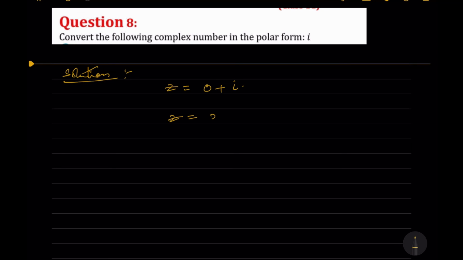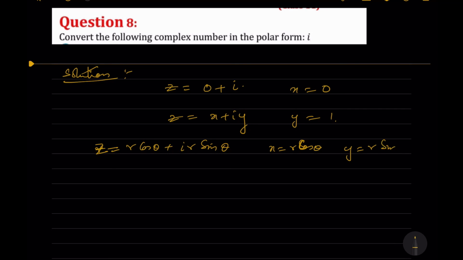You can compare it with the general form, so x is equal to 0, y is equal to 1. Now the polar form is z is equal to r cos theta plus i r sin theta. That means x is equal to r cos theta and y is equal to r sin theta.